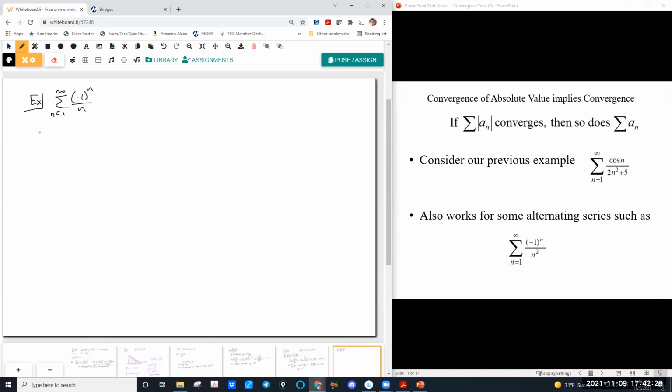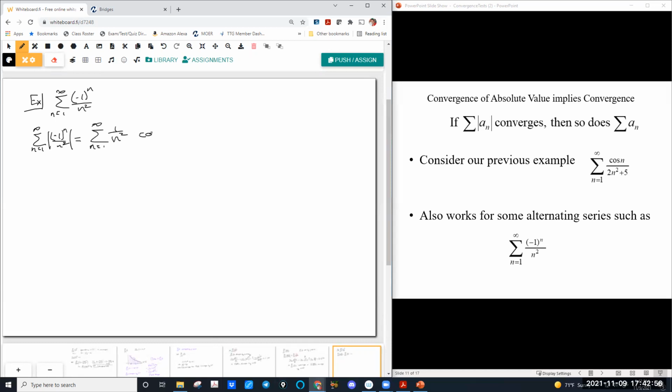But if we were to take the absolute value of this, the absolute value of (-1)^n over n squared, excuse me, that should be squared because I'm doing this example here. Sorry about that. Well, this is exactly equal to 1 over n squared from n equals 1 to infinity.